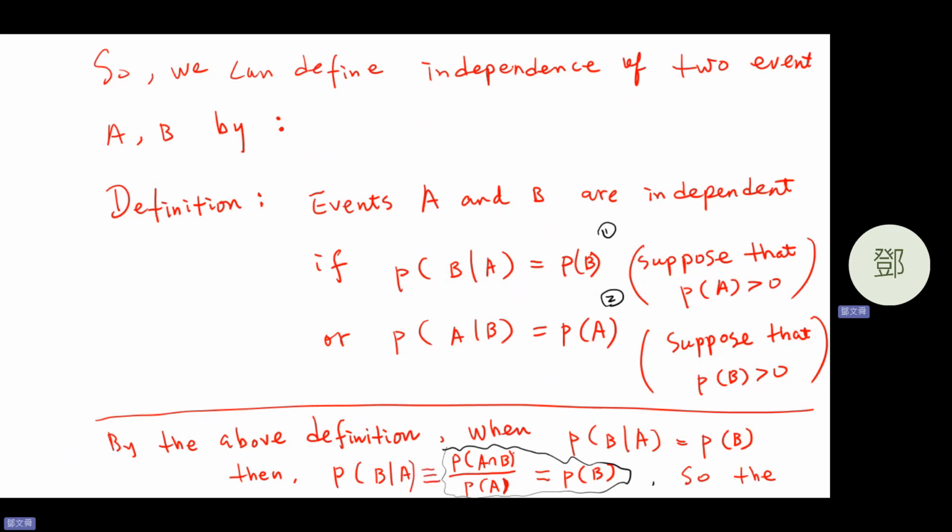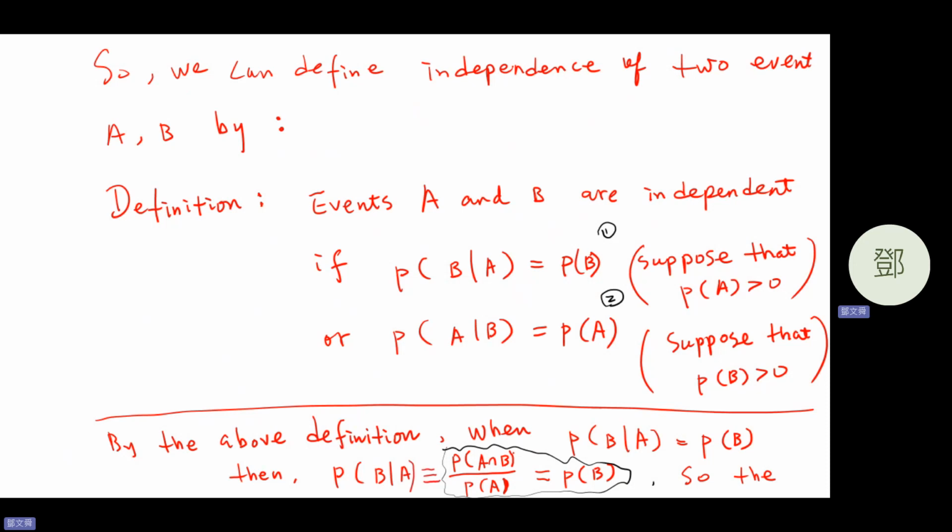We have three different but equivalent methods to define the independence of events A and B. The first method is that you can check the equality, to see if, given or not given the condition of A, the probability of B in the two situations is the same.